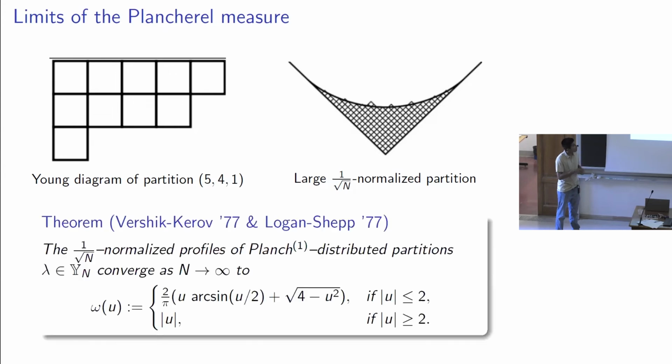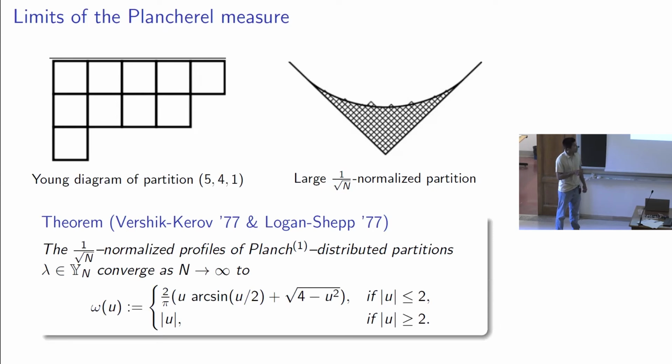And that's exactly a theorem of Vershik-Kerov and Logan-Shepp, 1977, so it's a long time ago, that tells me that if you look at your random partition lambda, then you normalize it and draw it in this way, I don't want to make anything too precise, but you will see a limit shape, essentially.